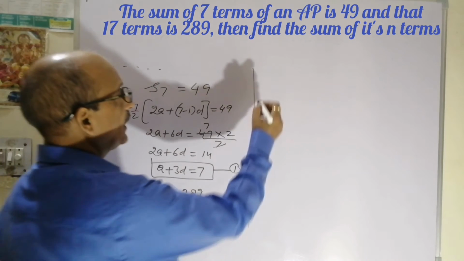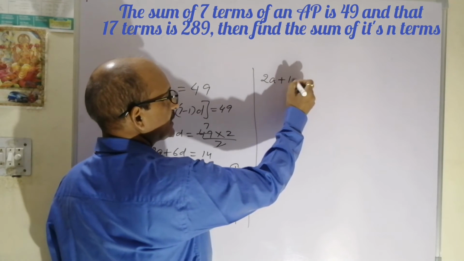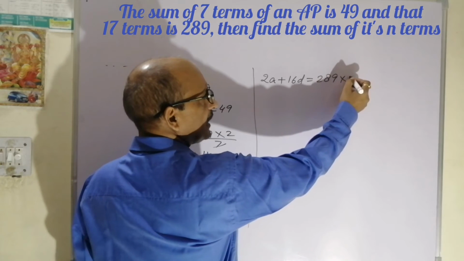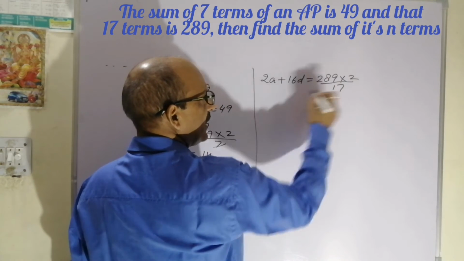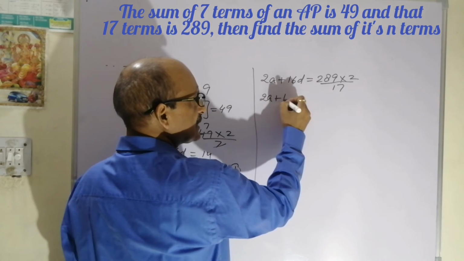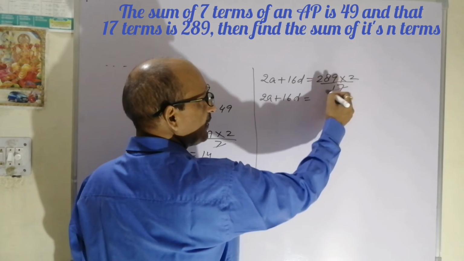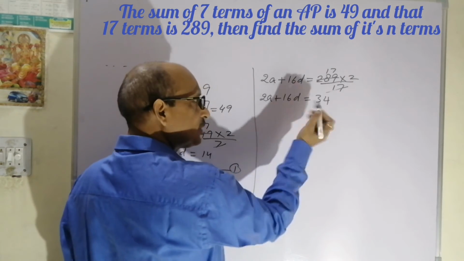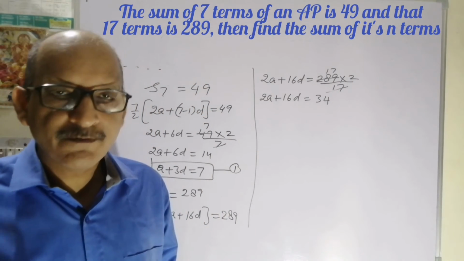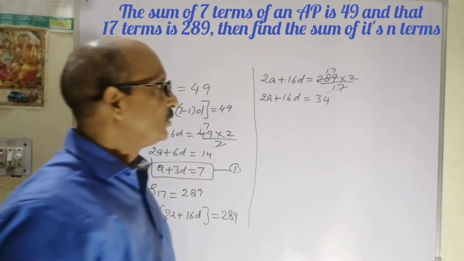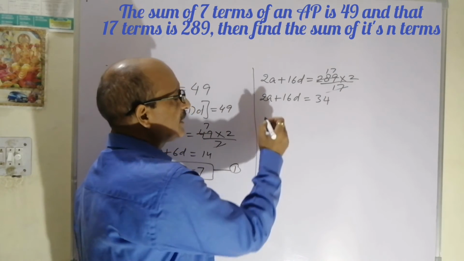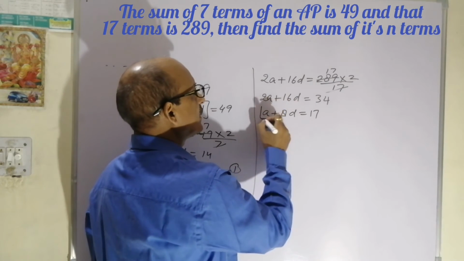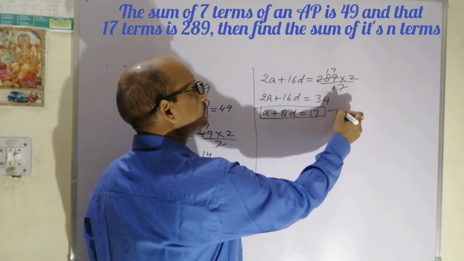So we'll get 2a plus 16d equal to 289 multiplied by 2 divided by 17. So 2a plus 16d equals 17 times 2, that is 34. So dividing again by 2, because each and every term is divisible by 2, a plus 8d equals 17. It is your second equation.